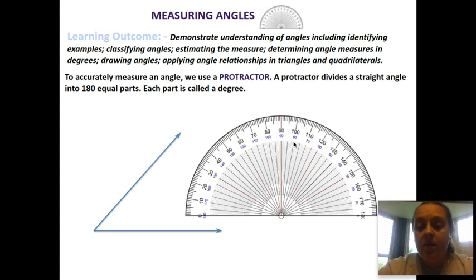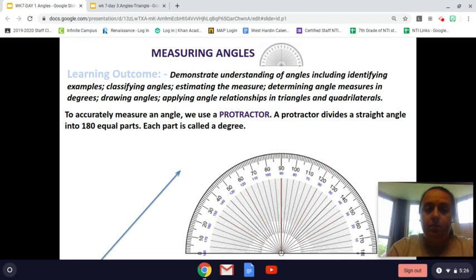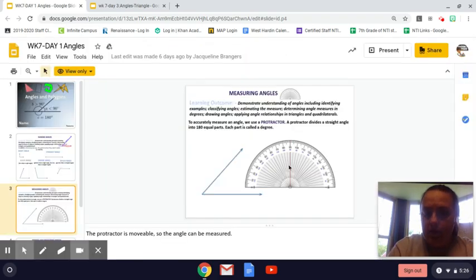Now, some of it would be common sense. For example, let me get back where I can move my protractor a little bit. Obviously I don't know how to move it, and that's okay.